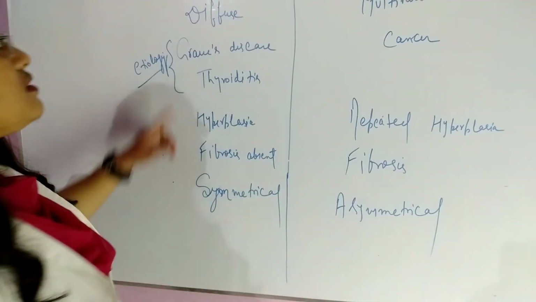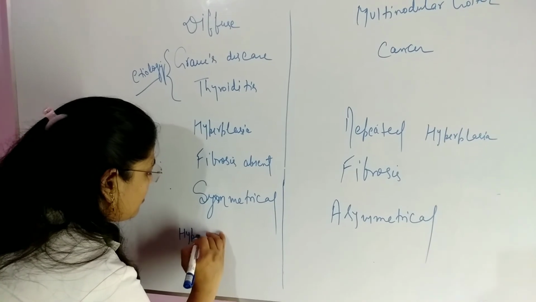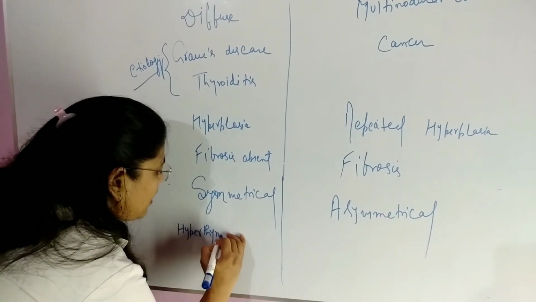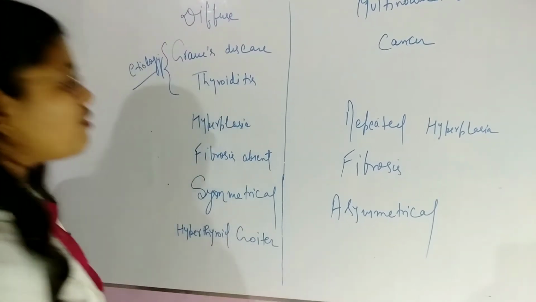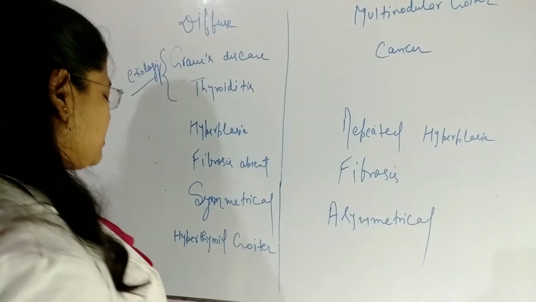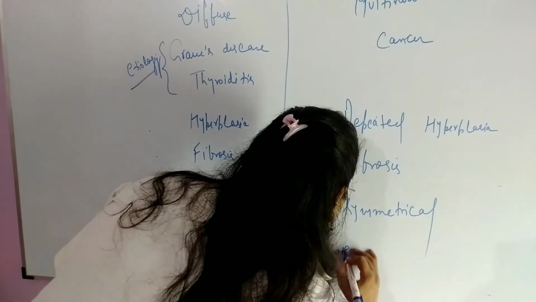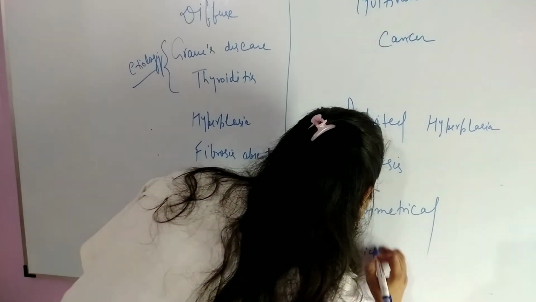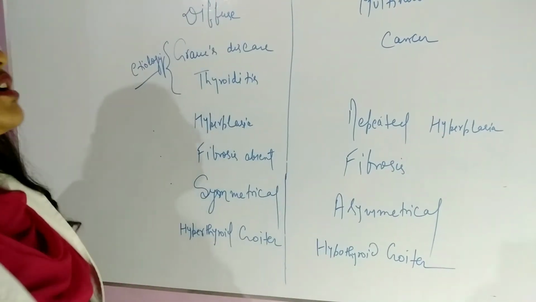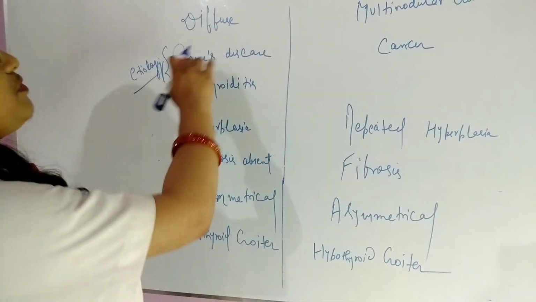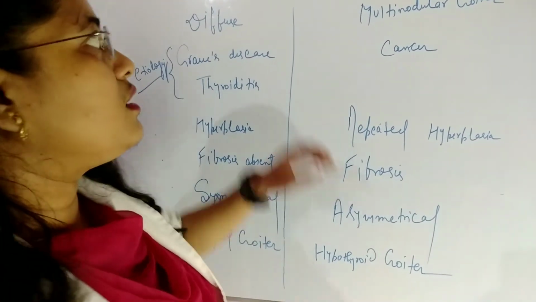Diffuse goiter is known as hyperthyroid goiter, while multinodular goiter is known as hypothyroid goiter. So this is the basic difference between diffuse and multinodular goiter.